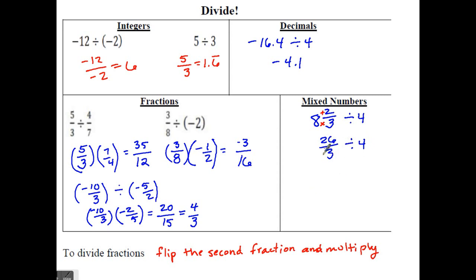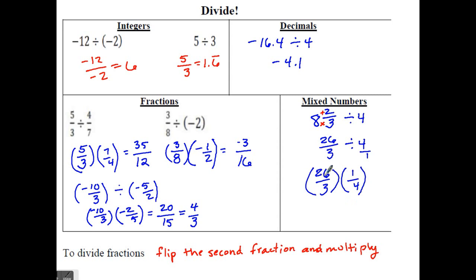Alright, so now we go ahead and apply the rule of flip the second fraction and multiply it. So we're going to take 26 over 3, change the sign to a multiplication, so we're going to multiply it, and then we're going to change this, which is really 4 over 1, and we're going to flip it as 1 over 4.